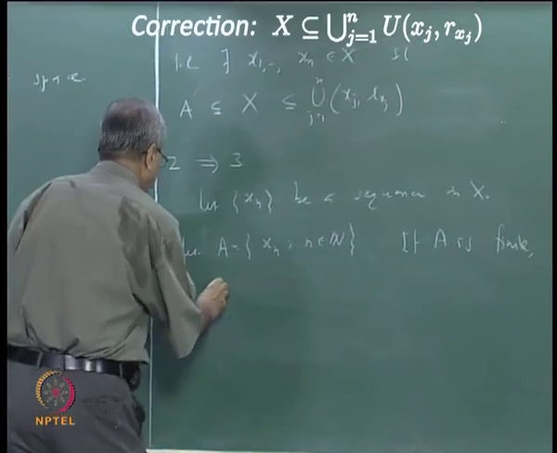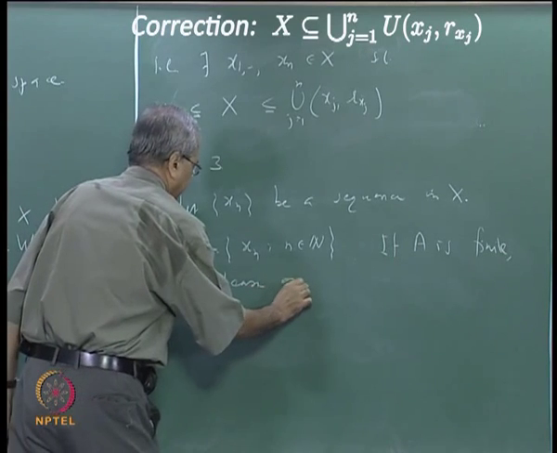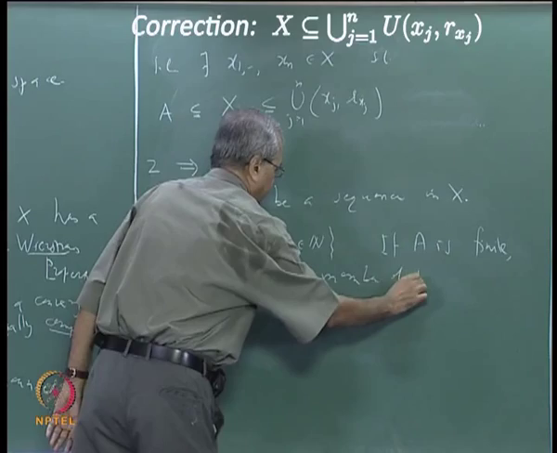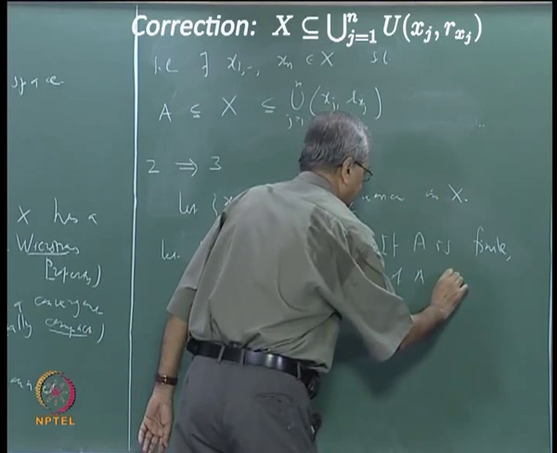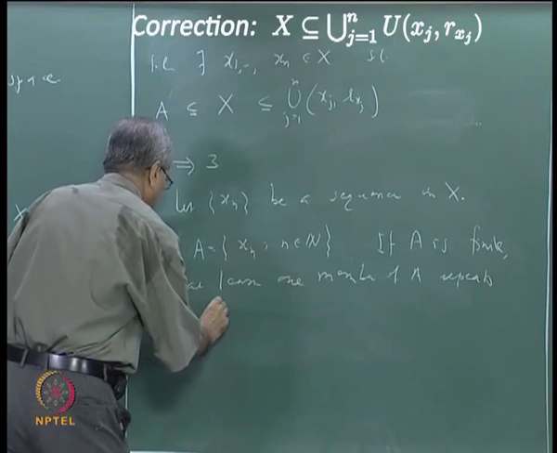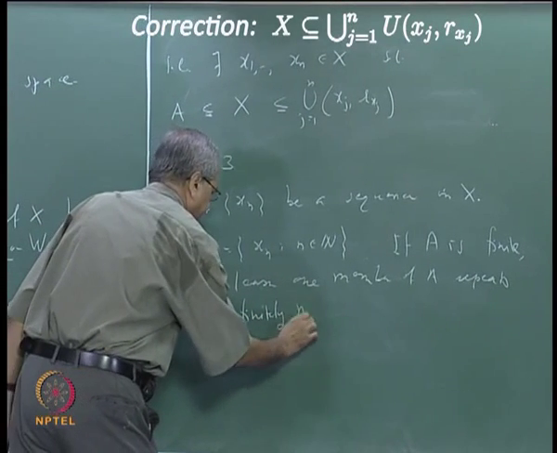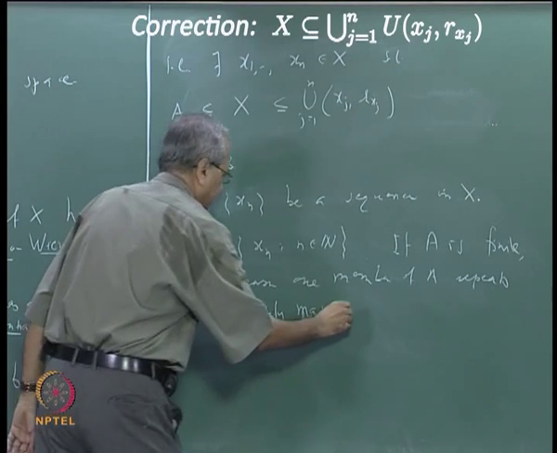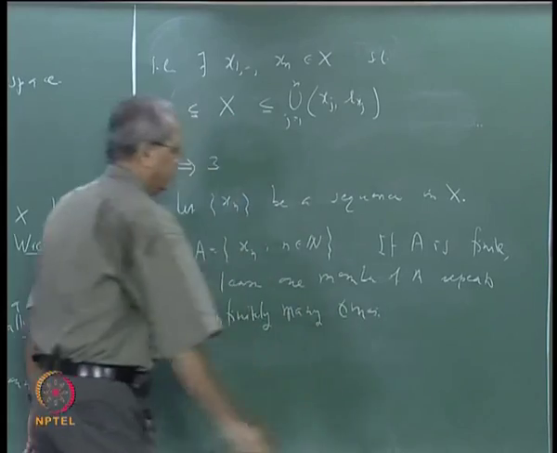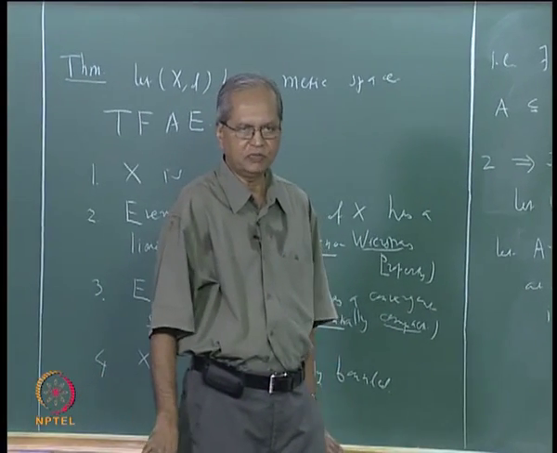at least one member of A repeats infinitely many times. In other words, we can extract a constant subsequence out of xn.